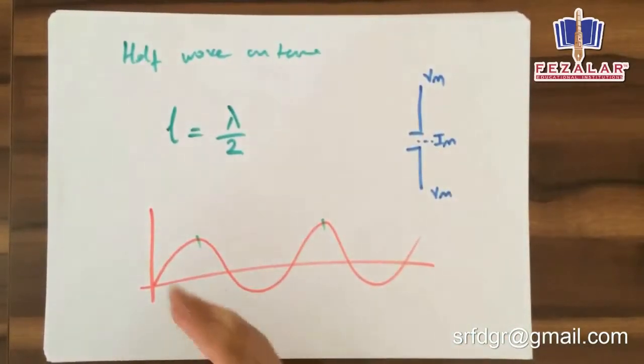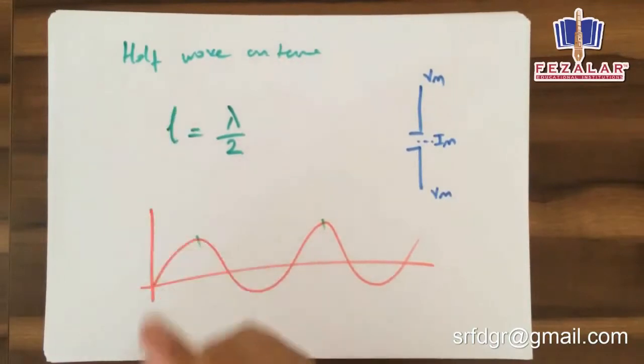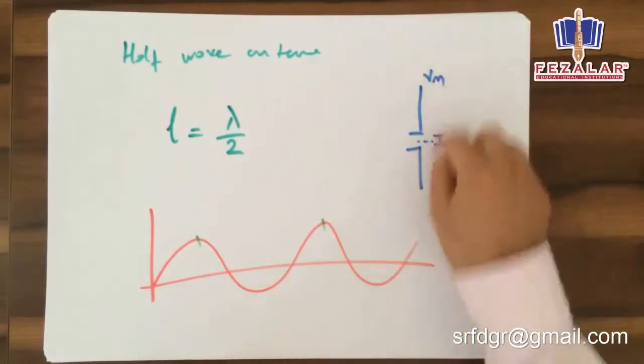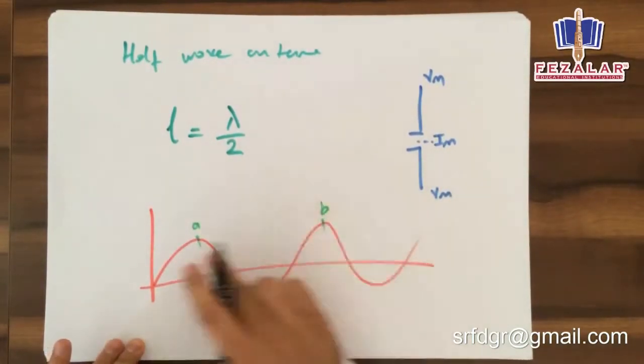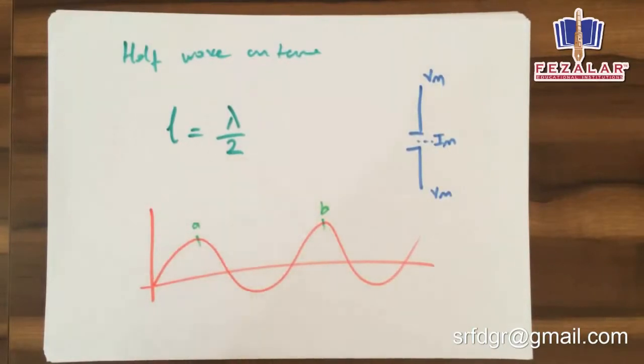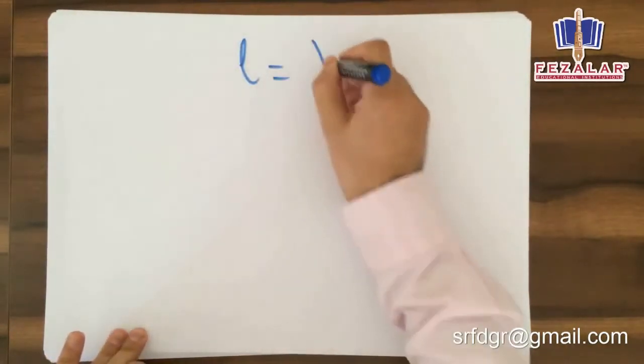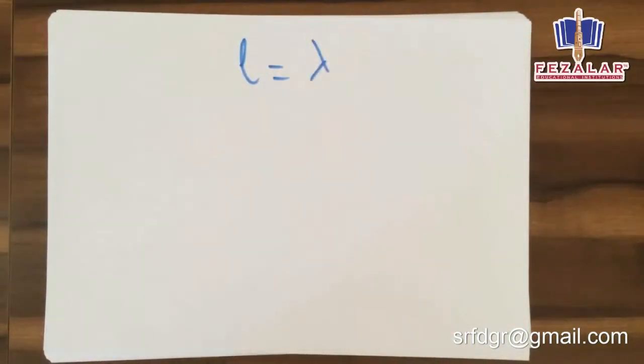Here, we will compare a wave antenna, half wave antenna, and quarter wave antenna. What will happen? If the voltage is maximum, that means we will use points A and B, two crests. Now let's start with an antenna whose length equals the wavelength of the wave.